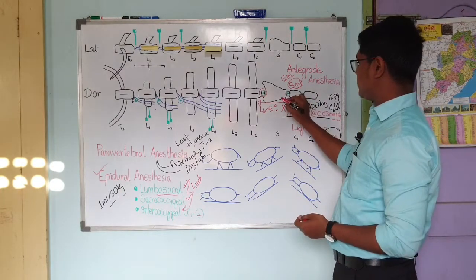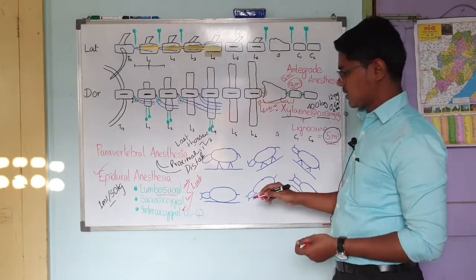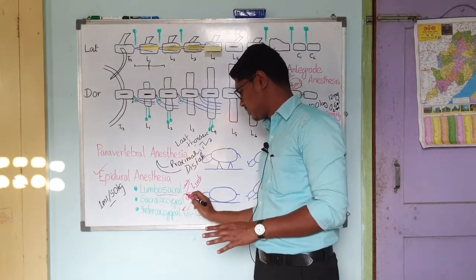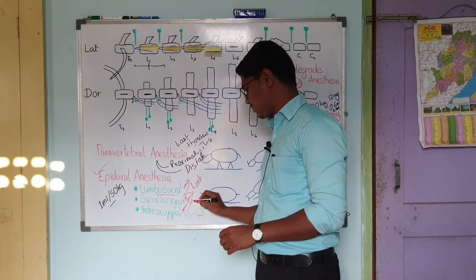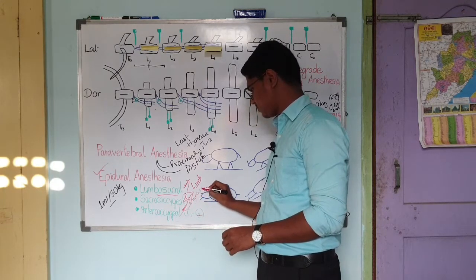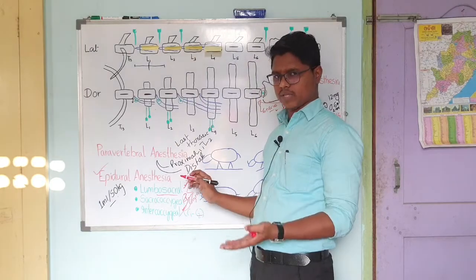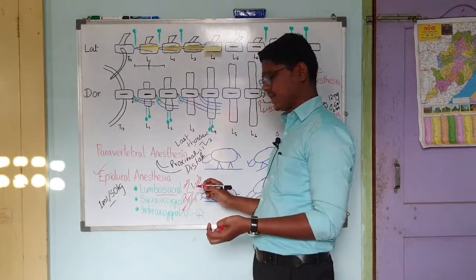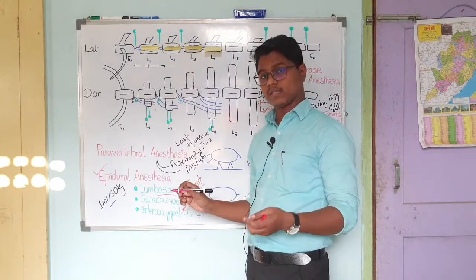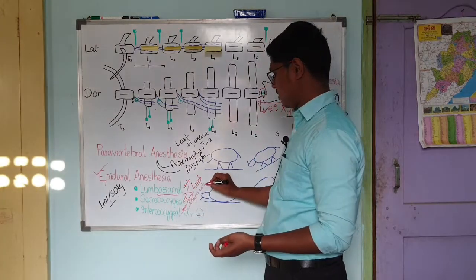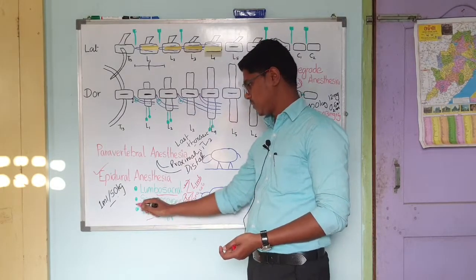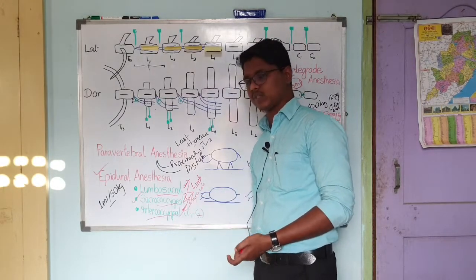Sacrococcygeal and intercoccygeal are used for any gynecological intervention, like retention of placenta, dystocia, or any atresia ani surgery. Then you have to go for sacrococcygeal or intercoccygeal. I prefer sacrococcygeal over intercoccygeal.